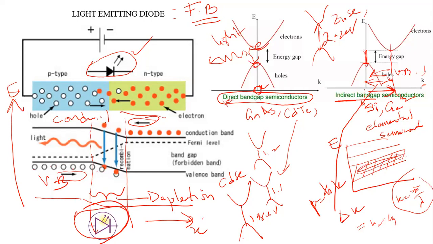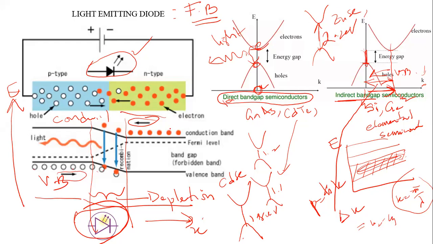So when you have electrons and holes within this depletion region, electrons will recombine with holes. Under this recombination, it will emit light radiation. So from the depletion region, it will emit light radiation.